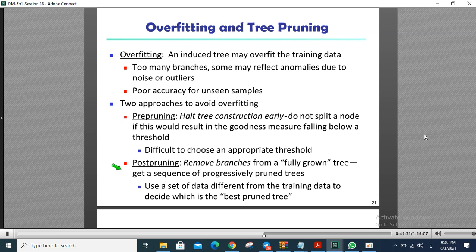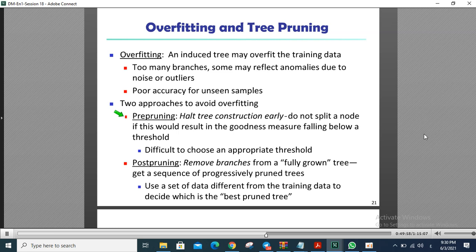How can I avoid overfitting? I can overcome overfitting during the training. We have two different categories of strategies. The first one is pre-pruning. The second one is post-pruning.